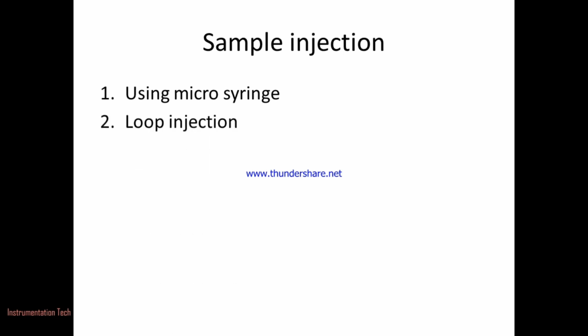Another method employs a small volume metal loop which can be filled with the sample. An appropriate valve then channels the eluent from the pump through the loop directly onto the column. The sample is thus carried spontaneously with the eluent to the column.